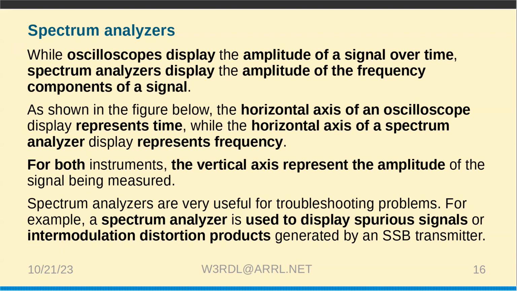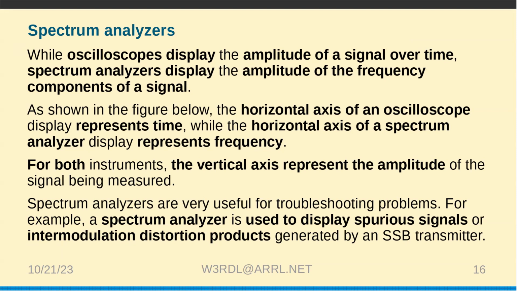The scope is time based. The spectrum analyzer is actually a sweep oscillator, and you set it up to vary from frequency X to frequency Y. In both cases, vertical will be the amplitude of the signal.